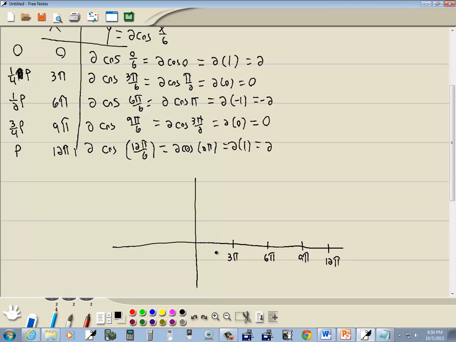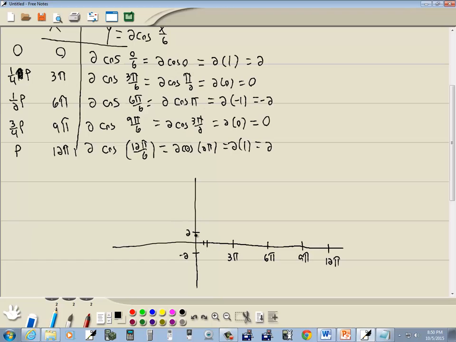And 9 pi. Now, about right here would be pi. That's approximately 3. So 2 would be about that distance right there. So it's going to positive 2, I'll put it right there, and -2, which I'll put right there. That's skewing a little bit, but not too bad.